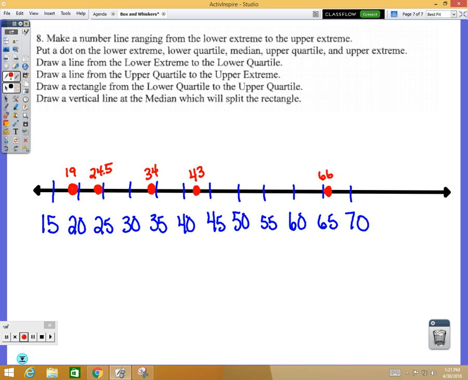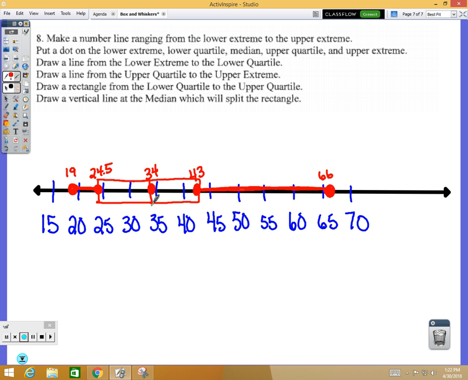We do our whiskers. Our whiskers go from the lower extreme to the lower quartile, and the upper quartile to the upper extreme. You can see that whisker is much longer than the lower whisker, and that's fine. Then between our quartiles, we draw our rectangle. And there is our box and whisker plot.